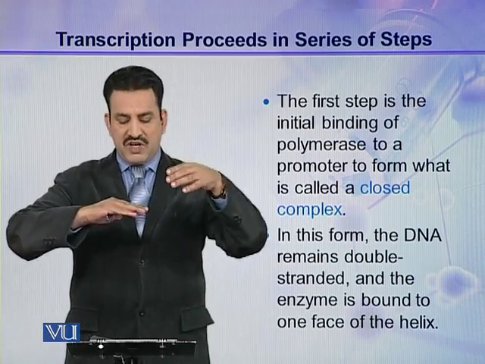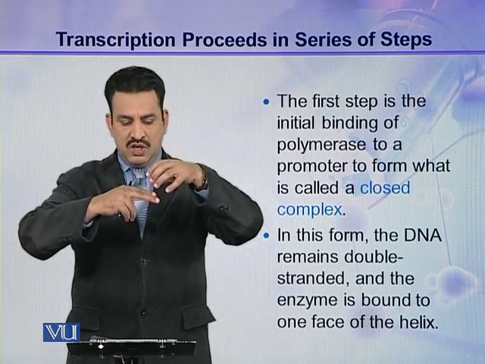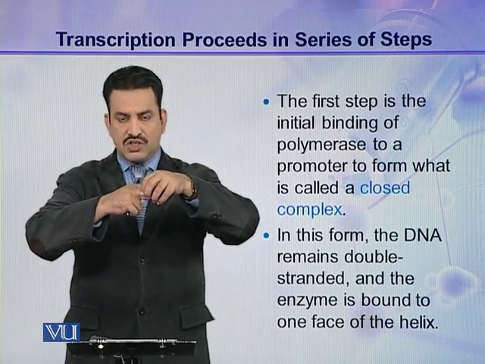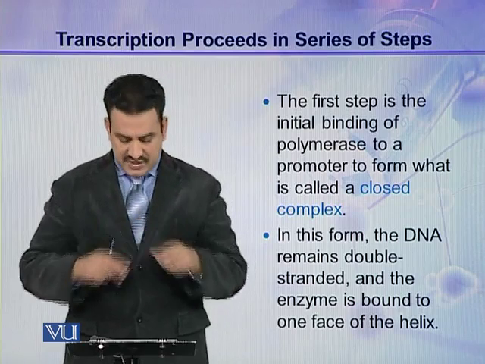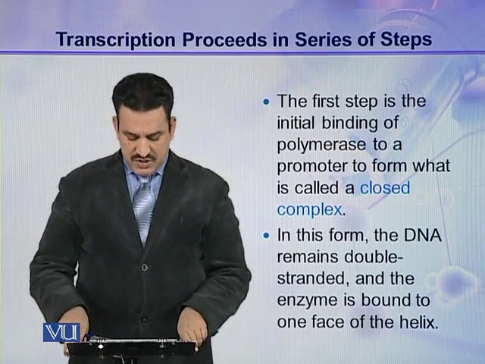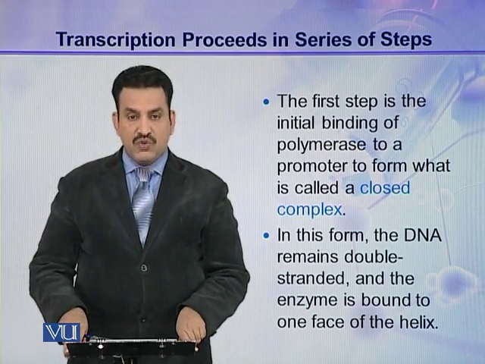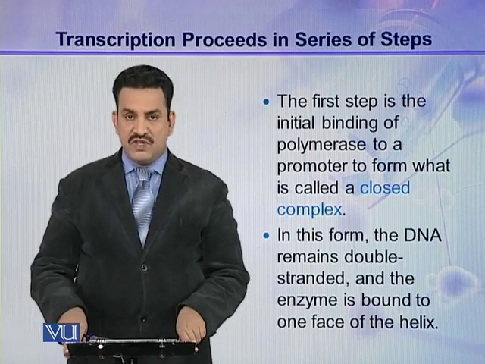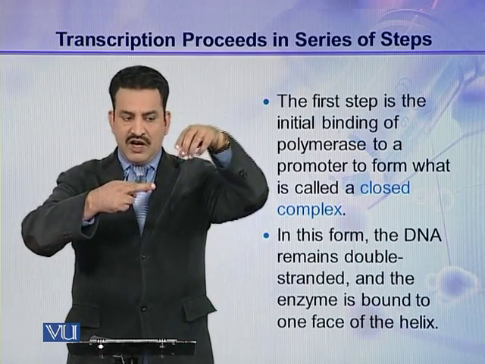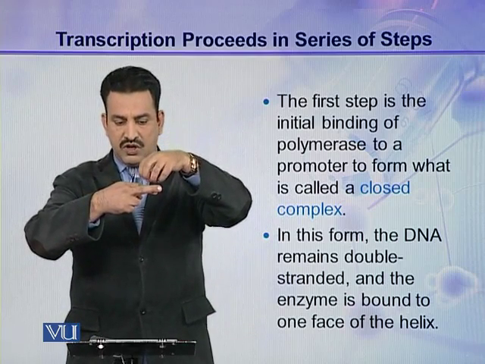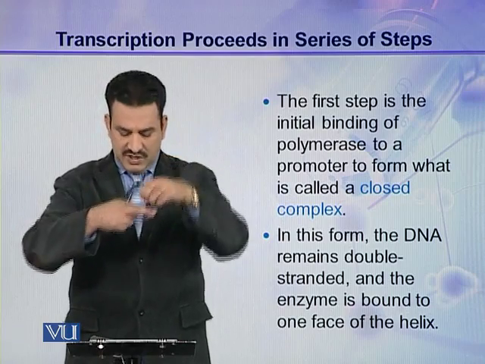So a polymerase binds to the DNA and makes a closed complex. In this form, the DNA remains double-stranded and the enzyme is bound to one face of the helix. So this is a helix and the enzyme is bound to one face of this helix.